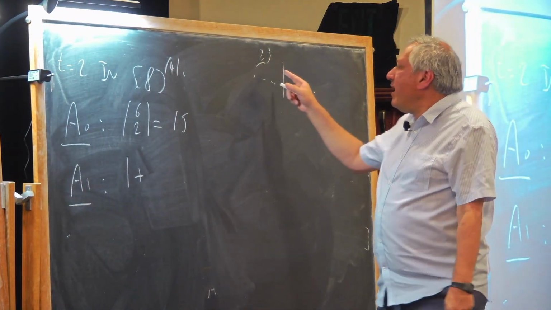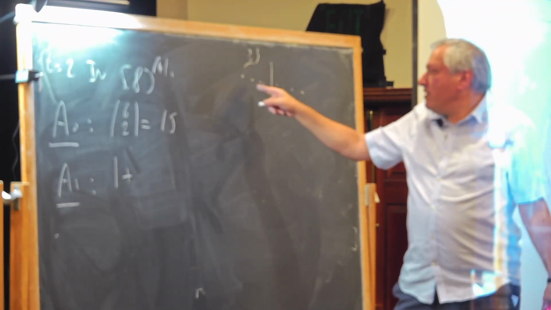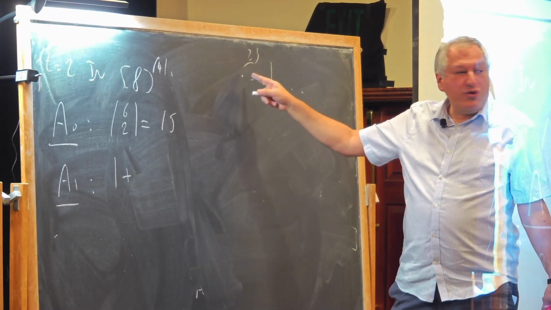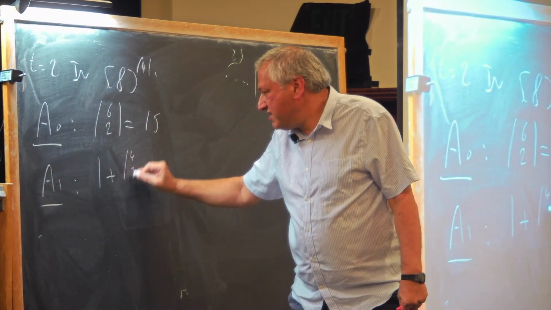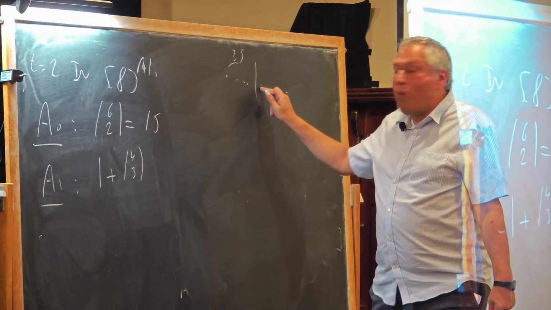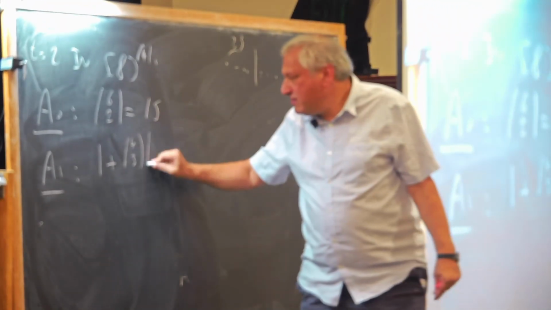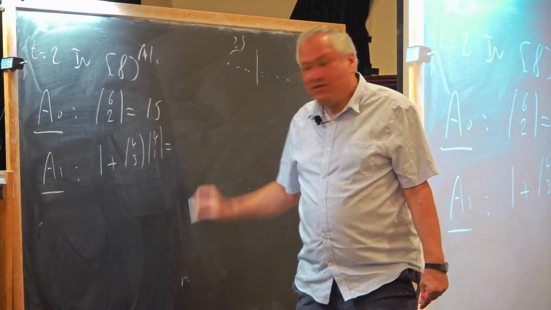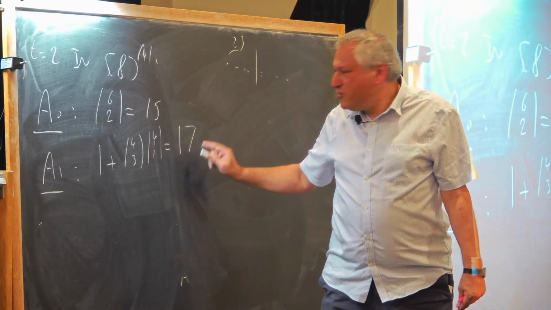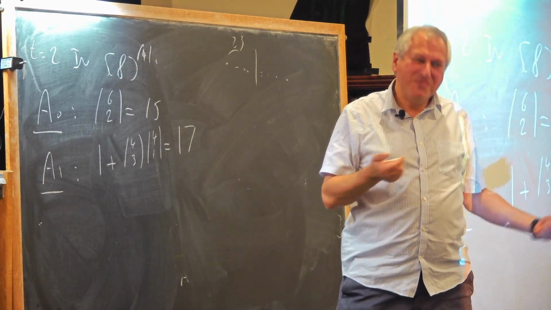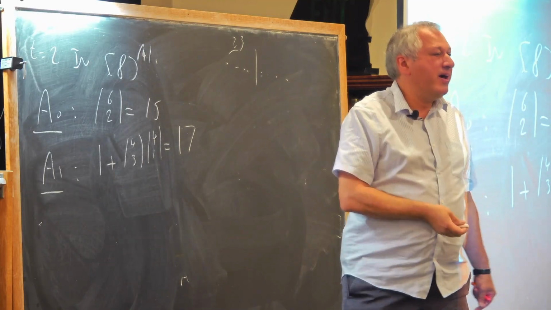And then if you have exactly 3 of them, there are 4 choose 3 ways to choose the 3-set, and then I'm going to pick one point out here, and 4 choose 1 ways to do that. That's 17, which is more than 15. So it's not true that A0 is the winner.